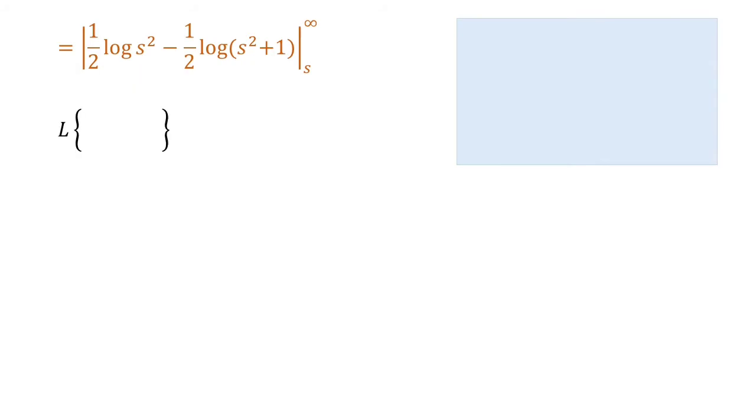So the Laplace transform of (1 minus cos t) upon t equals half log of (s square plus 1) upon s square, and this is the value of f dash s. Please watch the previous video where I have explained how we are converting the expression into this form.